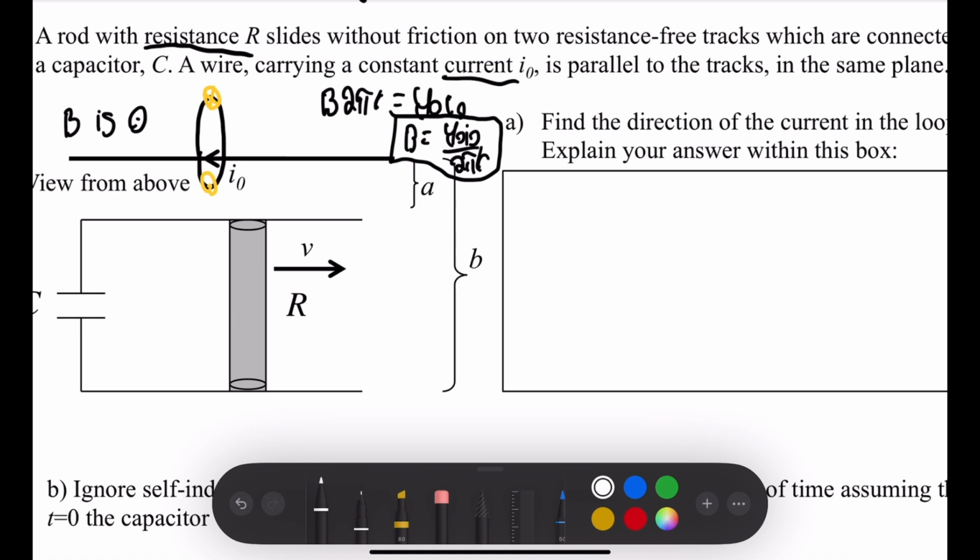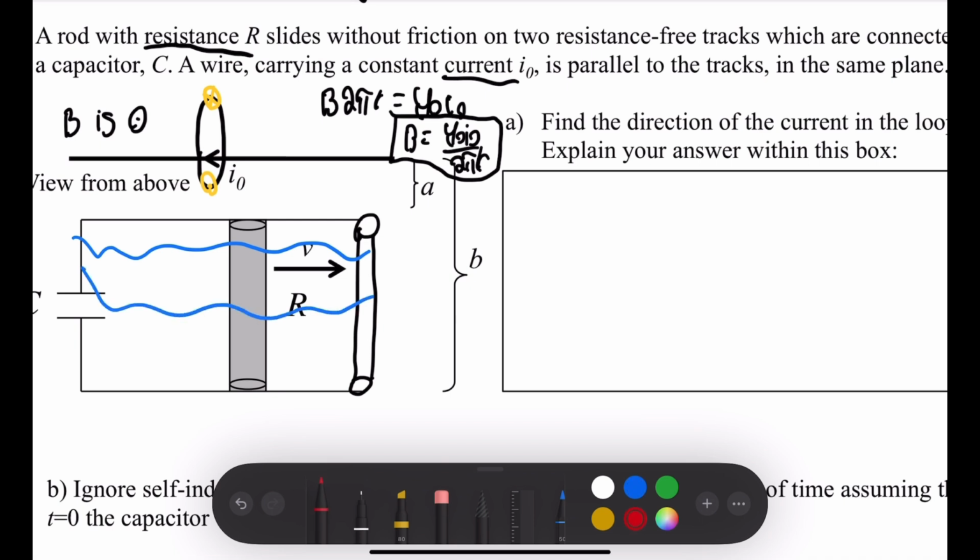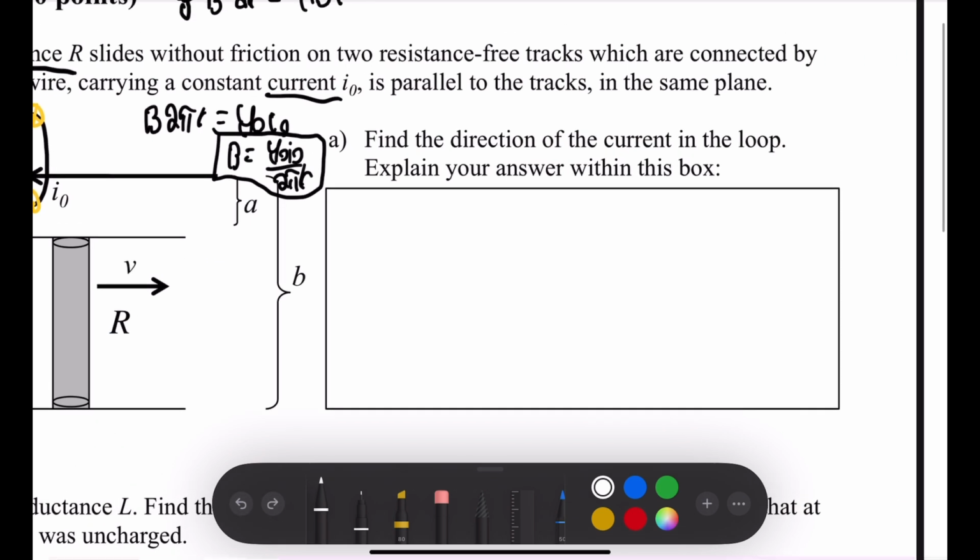So as we pull this more, so let's say the rod is now here, for example. The area here of this circuit is greater than the area when it was just at this point. So that means that as we pull it further to the right, the area is increasing. And because the area increases, that means the flux also increases.